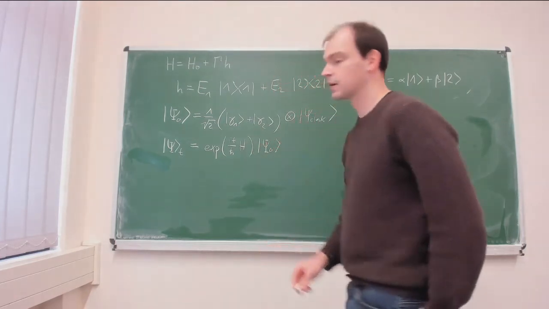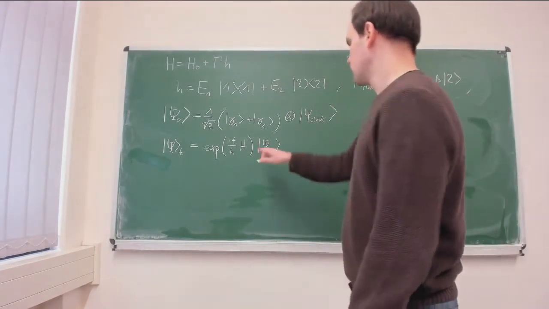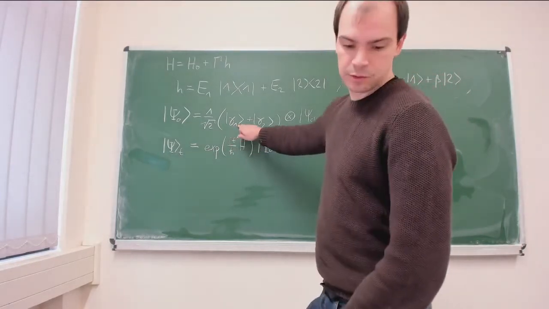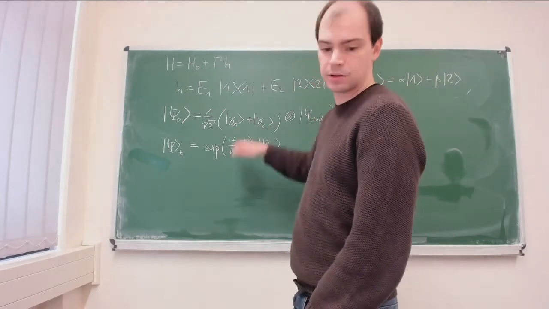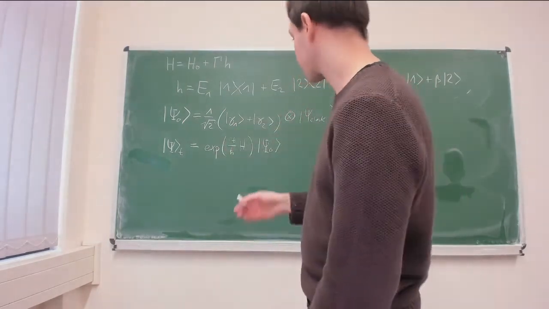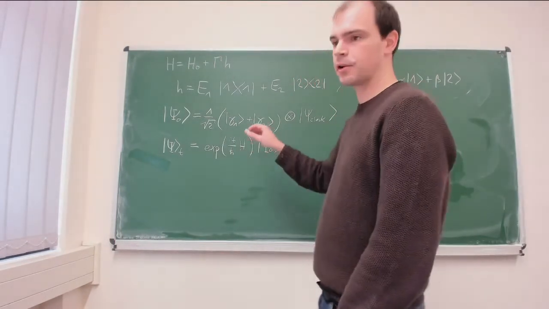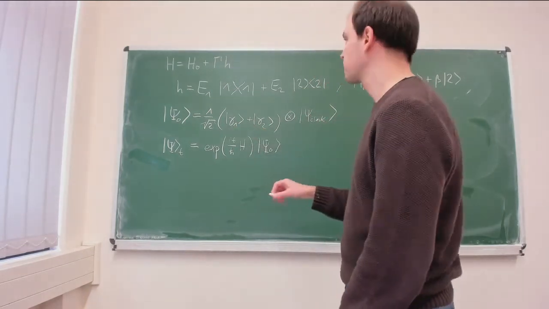So this would be in general the time evolution operator. But now we assume that our trajectories here are effectively stationary states, or rather, let's say that the time evolution of a particle along the trajectories is already encoded in these states.